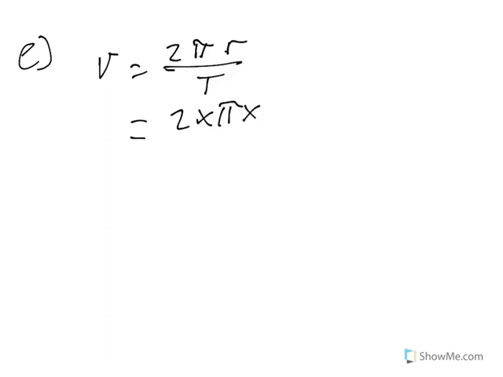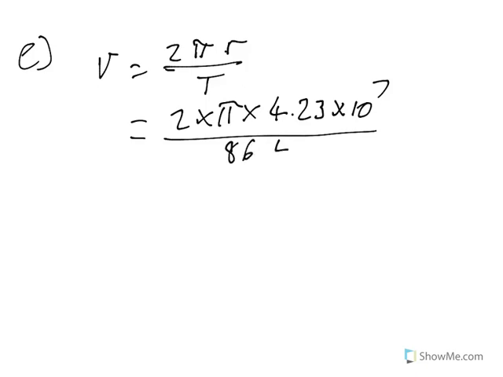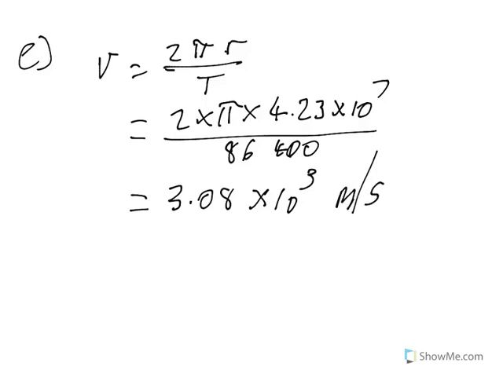So v equals 2πr on the period, so 2 times pi times the radius, which was 4.23 by 10 to the 7, over the 86,400, and when you put that in your calculator you get 3.08 by 10 to the 3 metres per second, which is a lot of metres every second.